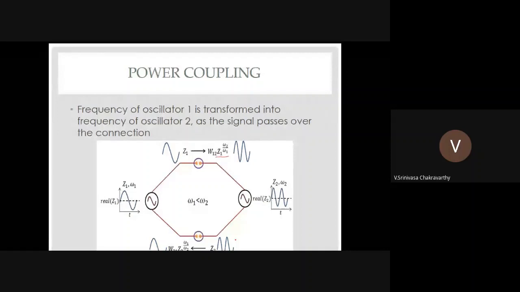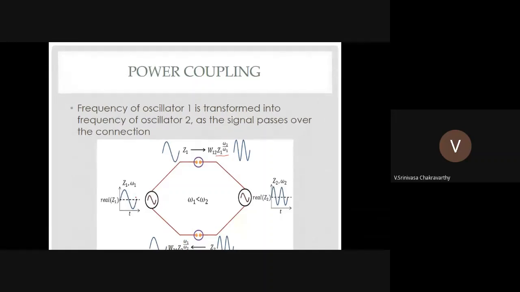Similarly, in the reverse direction, omega 2 is converted to omega 1 by raising Z2 to the power omega 1 by omega 2, multiplied by a factor from W12, and that's what goes to the other side. Unlike in real coupling, or normal coupling, not power coupling, each oscillator here is not trying to reach out to the other oscillator and come to some common frequency or frequencies with integral ratio.